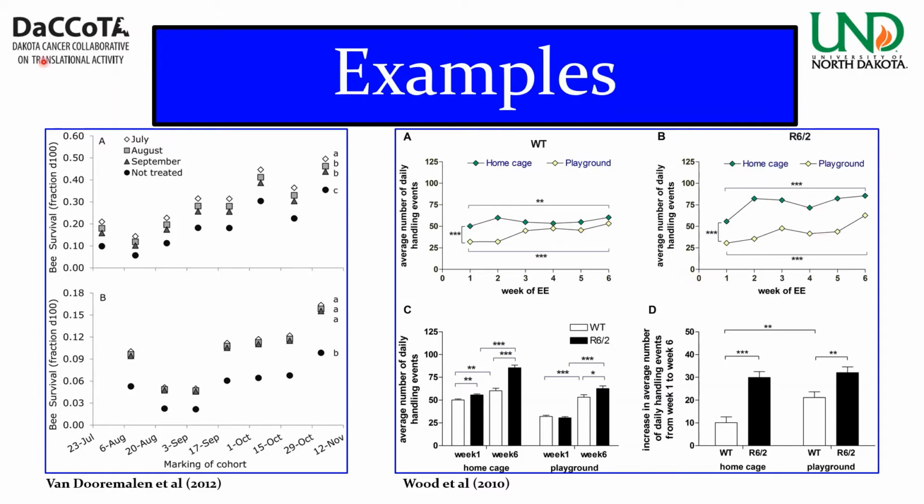And we see more handling events over time for the home cage for both genotypes, though it's more pronounced in this non-wild type. And comparing between the genotypes, there are more handling events for this than wild type. And it increases from the lowest week to the highest week as well.